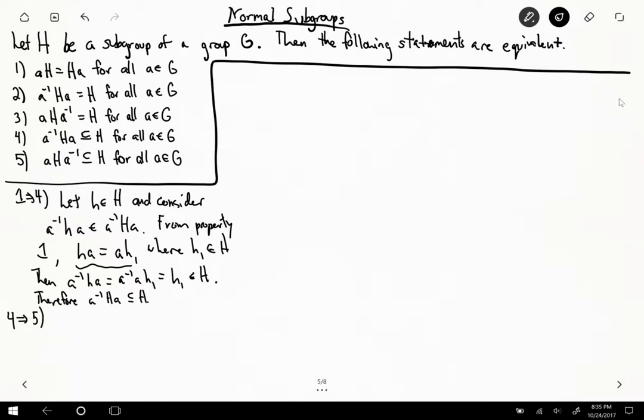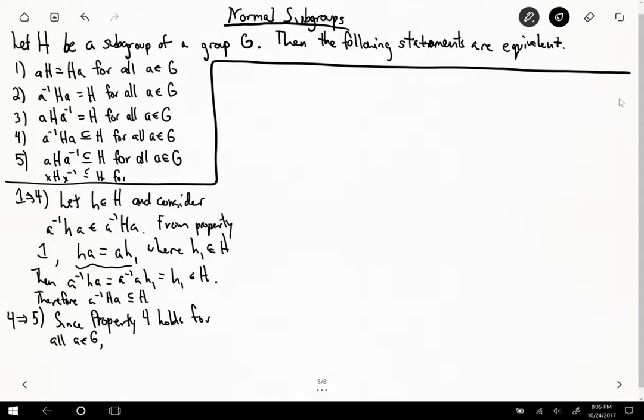Easy way to go about this one, a real quick proof of this: since property 4 holds for all A in G, rather than using A, I can say, notice this bottom statement is equivalent to X H X inverse is contained in H for all X in G. That's the same thing.